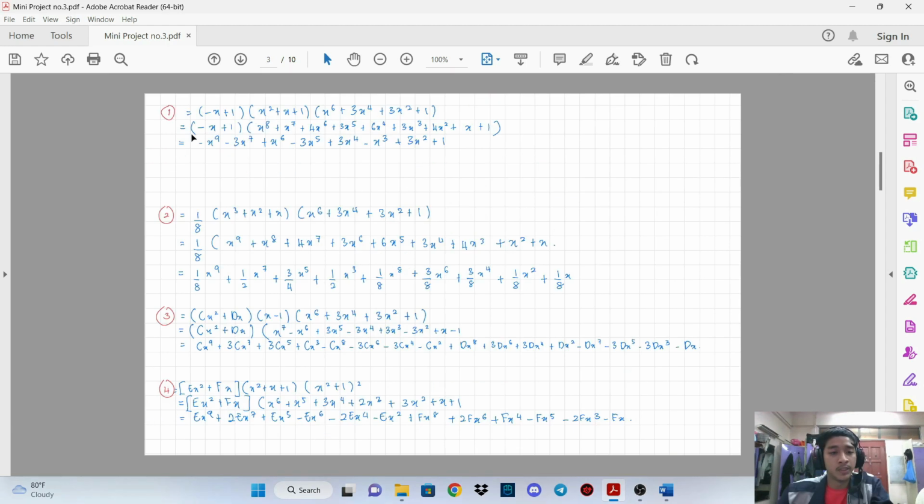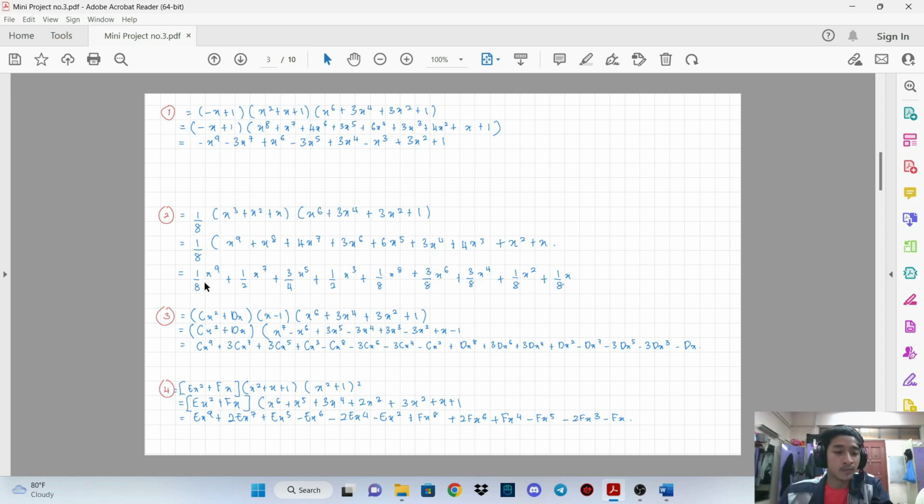For equation 1, when we expand, we get negative x to the power of 9 minus 3x to the power of 7 plus x to the power of 6 minus 3x to the power of 5 plus 3x to the power of 4 minus x cubed plus 3x squared plus 1. And for number 2, same, we expand them.